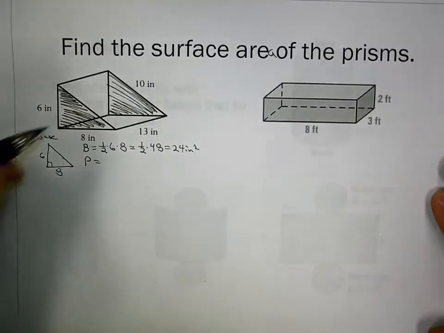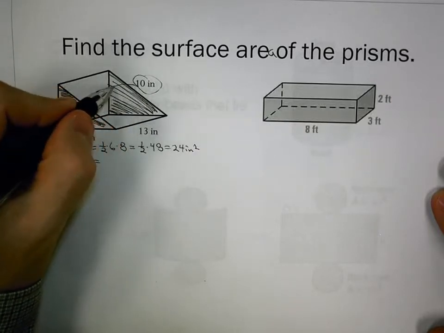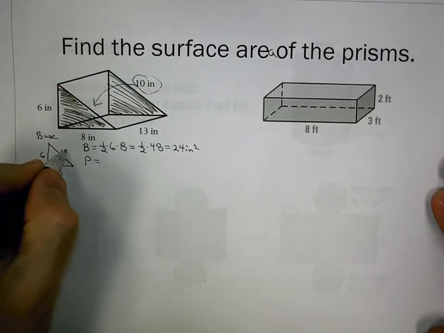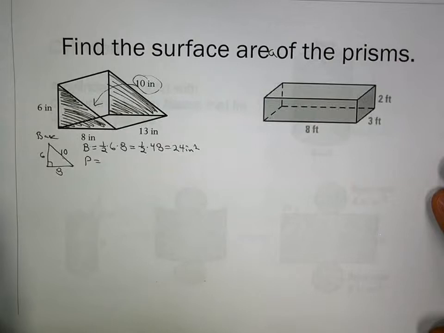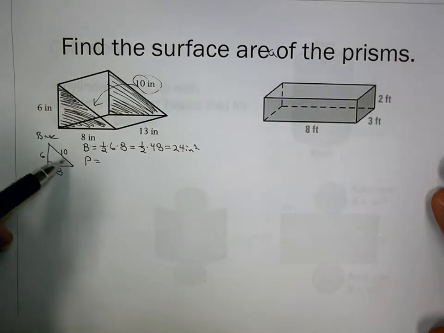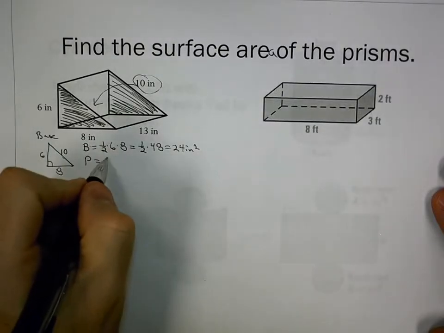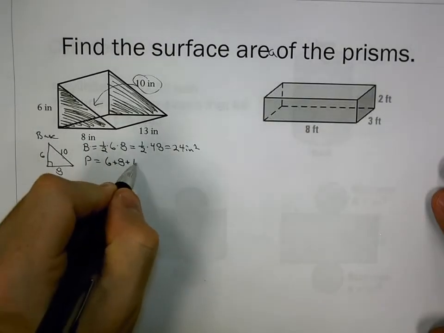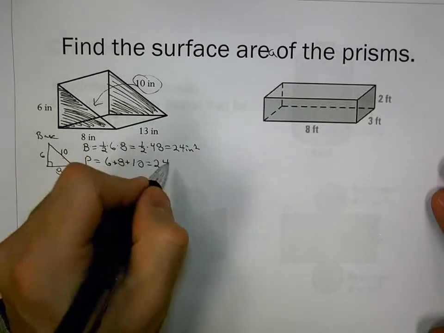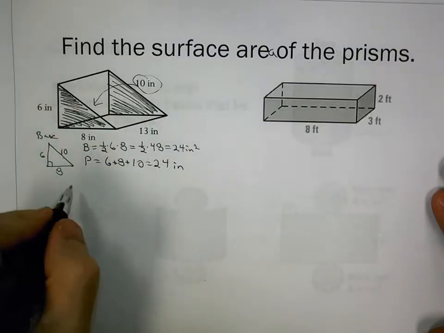Now they didn't give it to us directly, but we can see over here that if that's 10, this will also be 10. So in fact we have a 10 there, and we can find the perimeter. But if they didn't give you that value, you could always use the Pythagorean theorem to find what that value would be. So then you can add all the values together and find your perimeter, which is 24 inches.